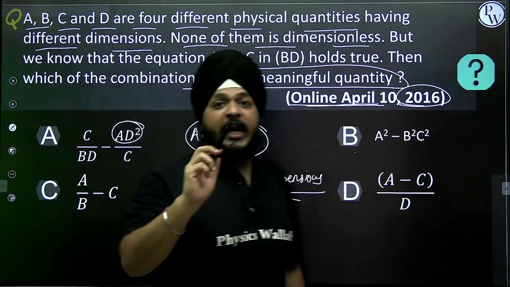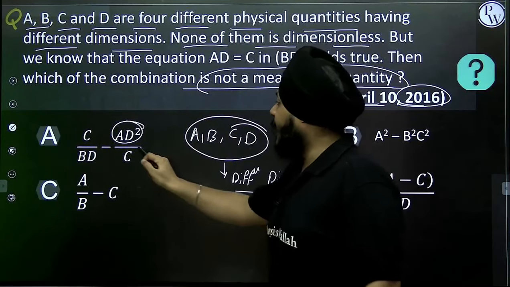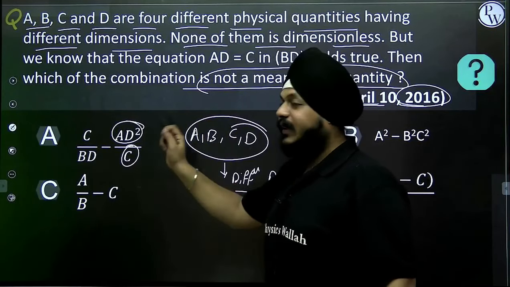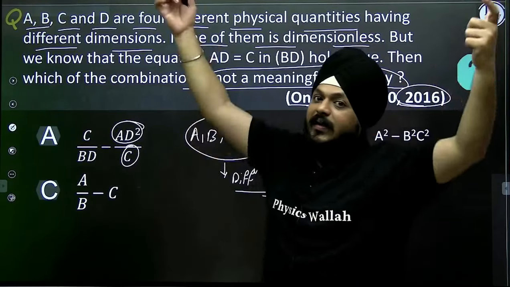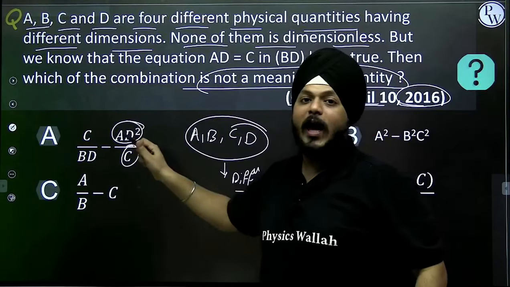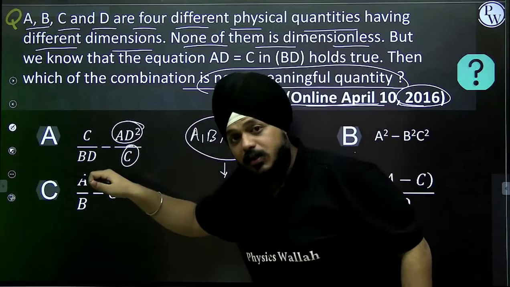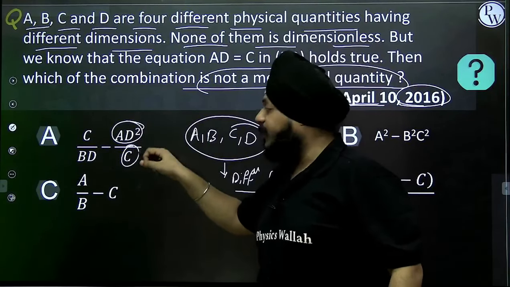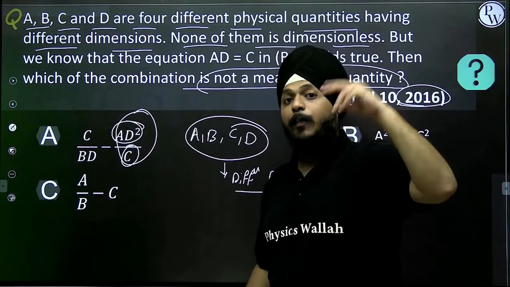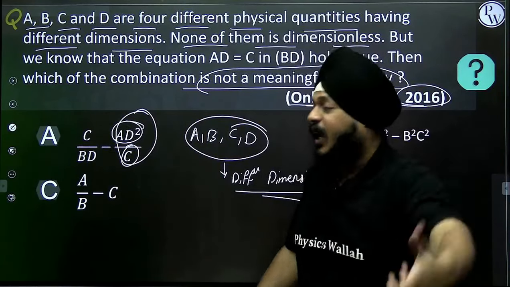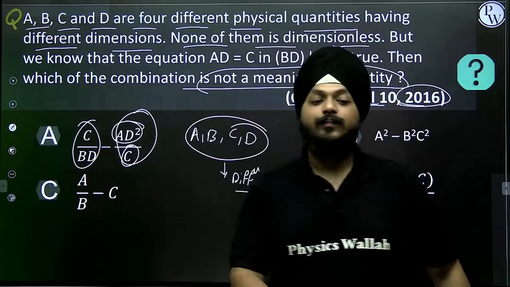Product of A, D square by C. By evaluating this term, let us take an example. The physical quantity D has some dimensions and we are squaring it, multiplying with the dimensions of A, and dividing by C. There is a possibility that it may become equivalent to C by BD.